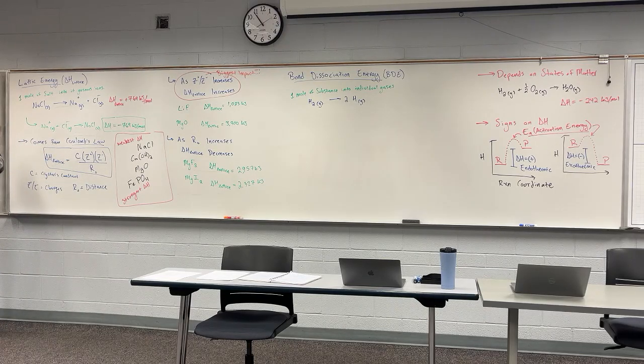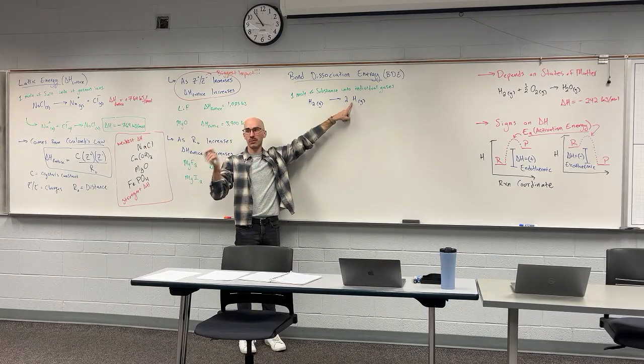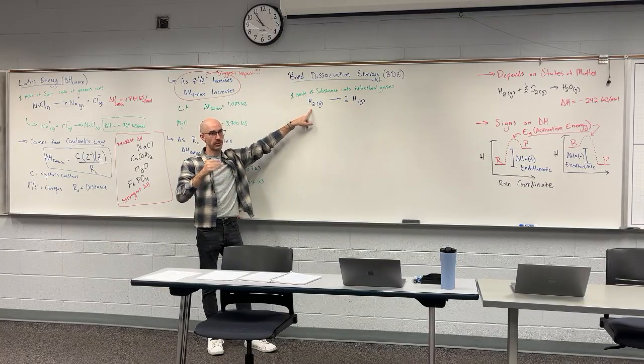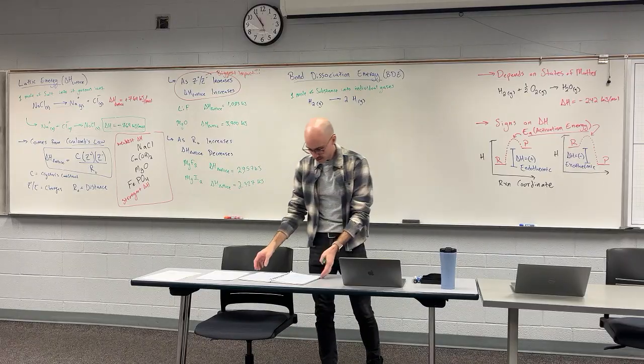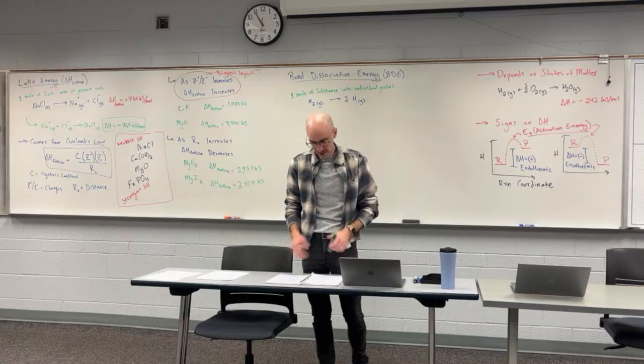So we're not breaking them into ions, we're breaking them into individual gases. This would be quite literally hydrogen with 1 electron twice, as opposed to the 2 hydrogens sharing 2 electrons. This is sometimes not written as delta H, but sometimes written as D.